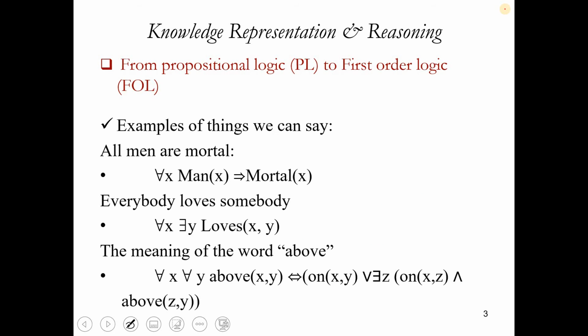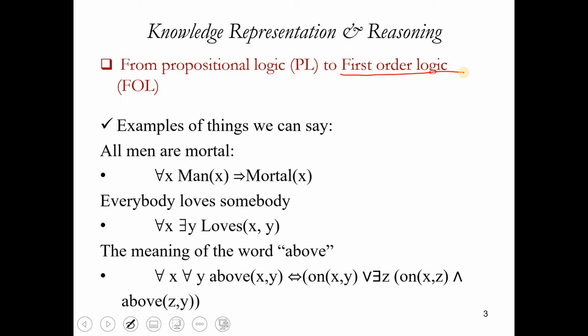So for this purpose we use a new language over here. We go from propositional logic to a new language which is called first order logic. We will only discuss it briefly, very briefly. In this language, I will give you first of all examples, and then we will discuss the details.